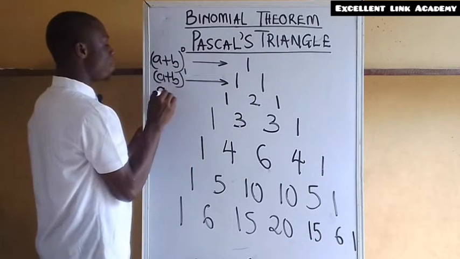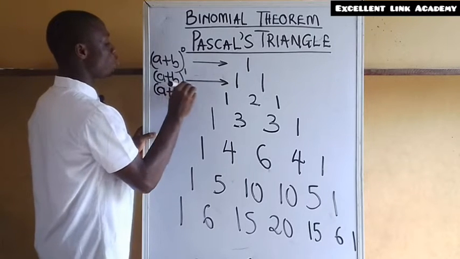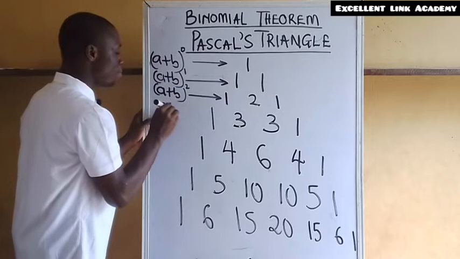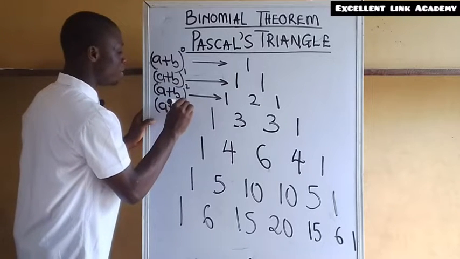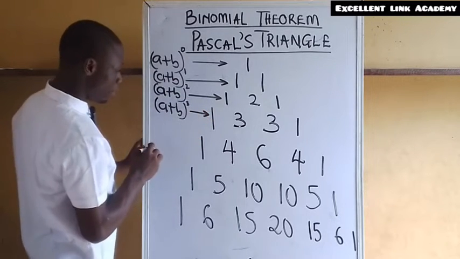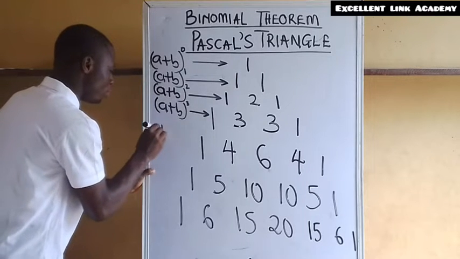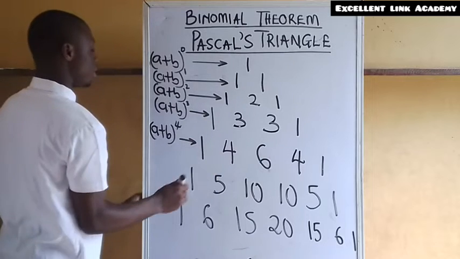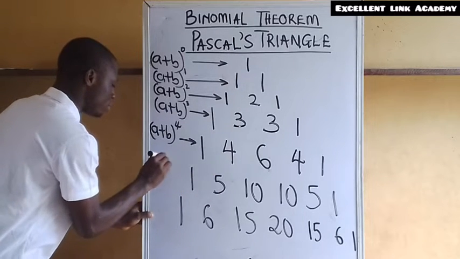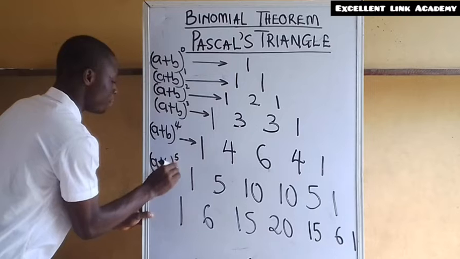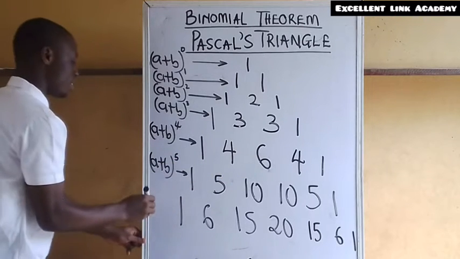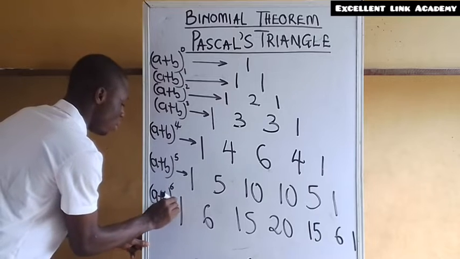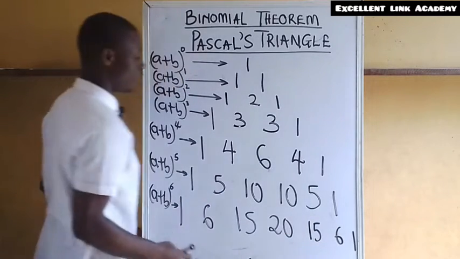For power 2, this is my coefficient. For power 3, this. For power 4, this here. For power 5, this. And lastly, for a plus b to the power of 6, all these here are my coefficients.